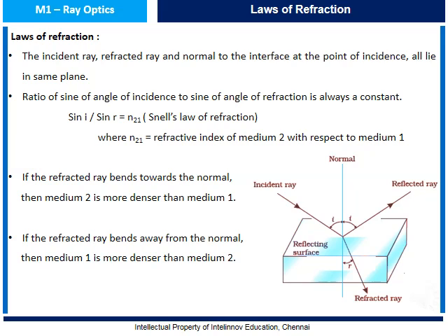Let us say there are three mediums. In such case, refractive index of medium 3 with respect to medium 2 can be given by the product of refractive index of medium 3 with respect to medium 1 and refractive index of medium 1 with respect to medium 2. That is N32 equals N31 into N12.